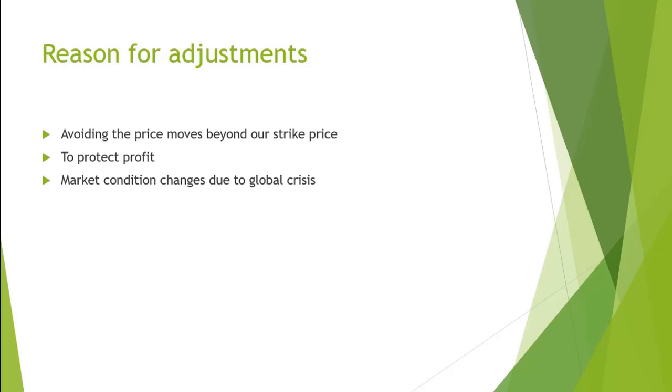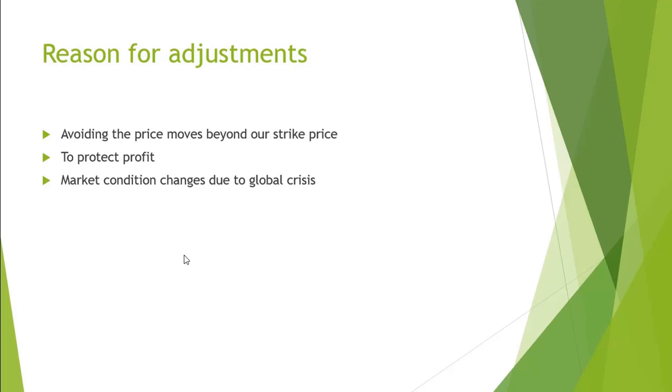The second point is to protect our profit. If we have some profit in our entered position and we don't want to lose it but want to stay in the position, we make some tweak to our option position so that we protect our profit.